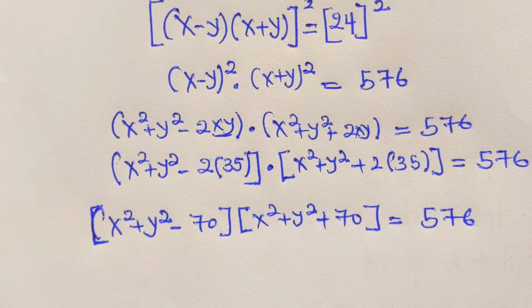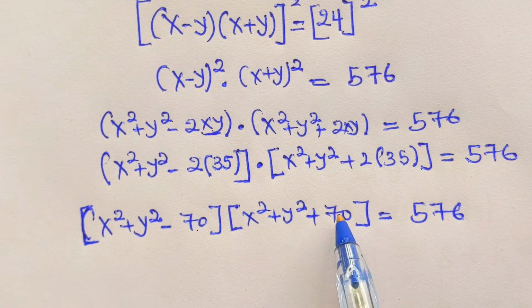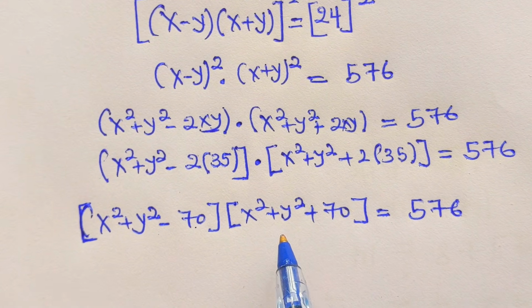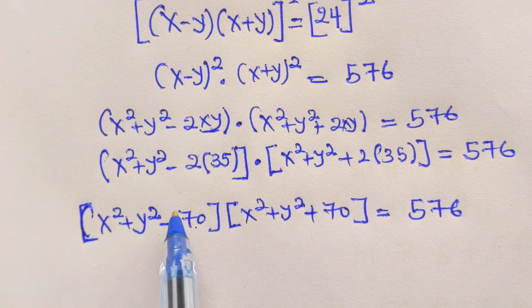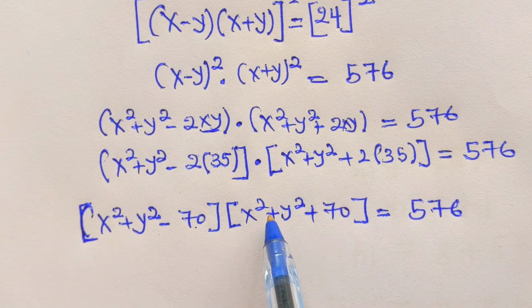If you look nicely, we have x squared plus y squared, and here we have 70 and here we have 70. The difference is the sign only, to mean that this can be denoted by a squared minus b squared, which is a minus b times a plus b.